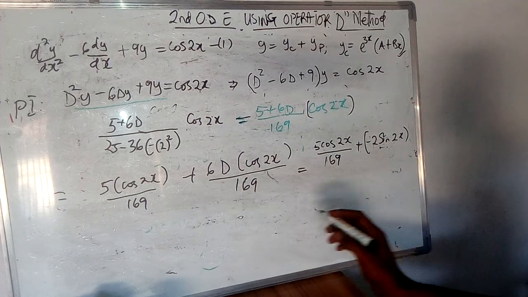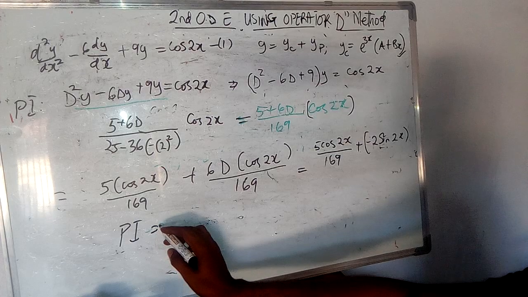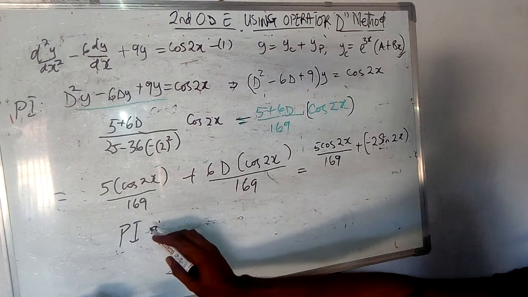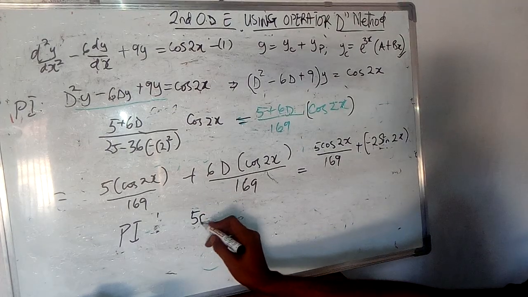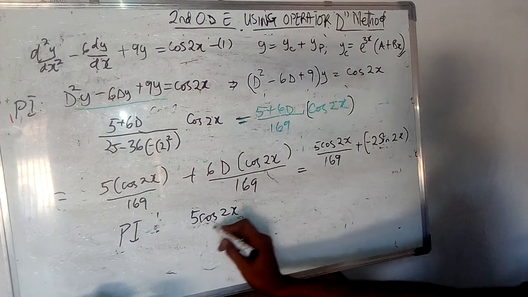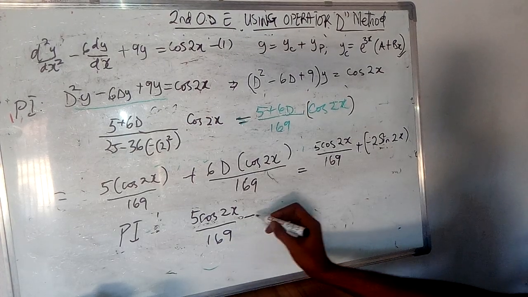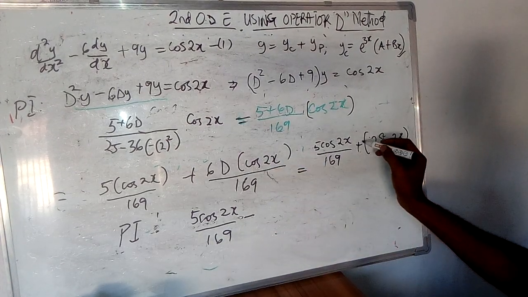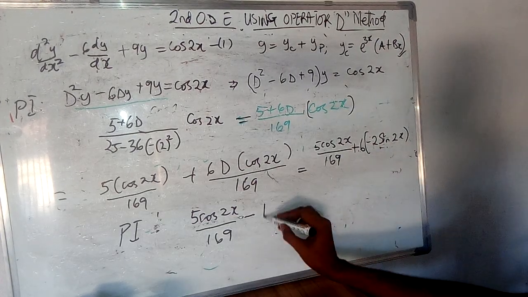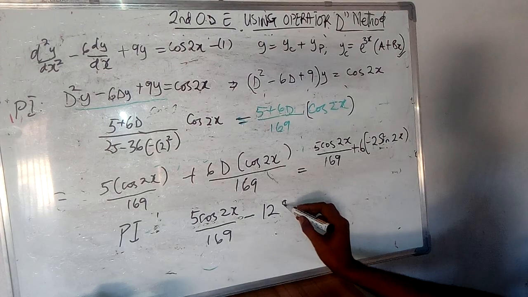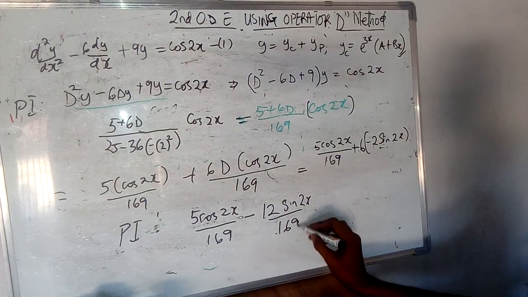So our particular integral function will now be 5 cos 2x divided by 169 minus, there was 6 here, that will be minus 12 sine 2x divided by 169.